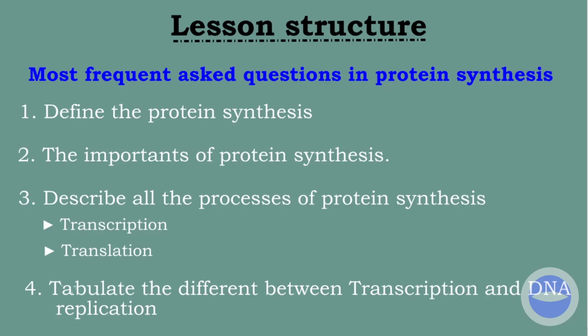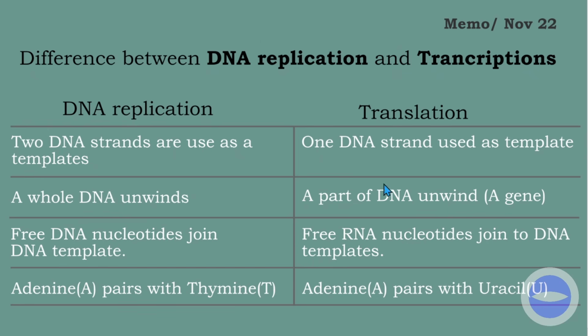So here's the difference between DNA replication and transcription. In DNA replication, two DNA strands are used as a template, and in transcription only one DNA strand is used as a template. So you saw that we only used one template, and the whole DNA is unwound in DNA replication.